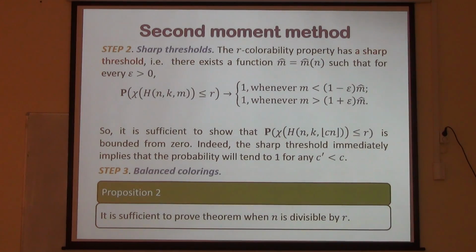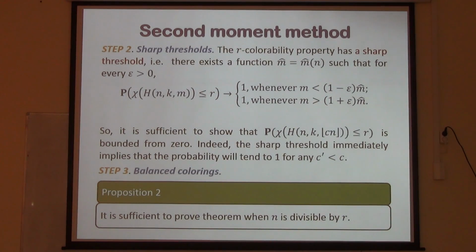So if you have a slightly smaller number of edges, then you have r-colorability, and vice versa. If you have a greater number of edges, then with asymptotic probability 0 you will have r-colorability of your hypergraph.